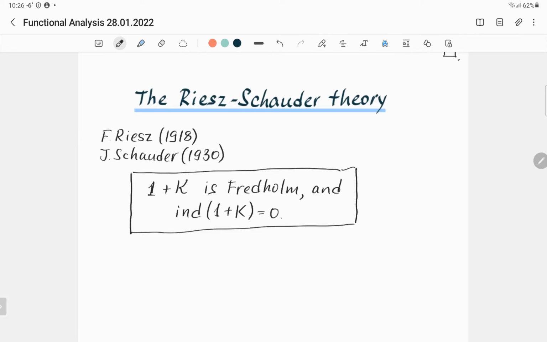Now, of course, this is not the whole theory by Riss and Schauder, but this is the most important part, the most important statement of this theory. If K is a compact operator, then 1 plus K is Fredholm, and the index of 1 plus K is 0.